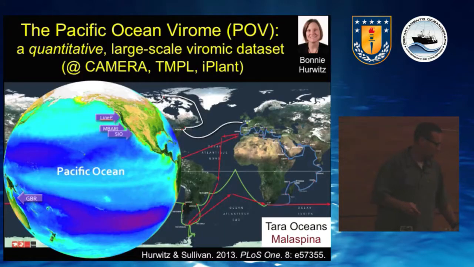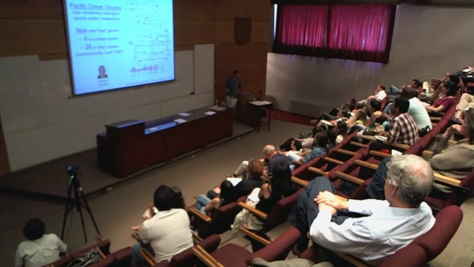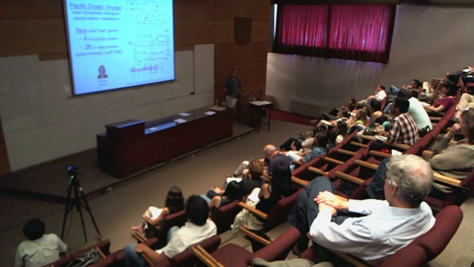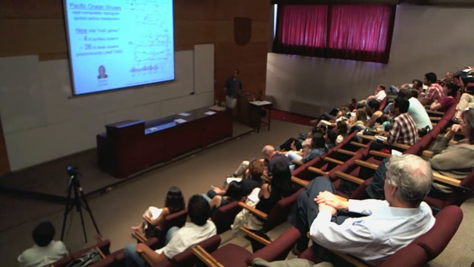Okay, so what could you do with this Pacific Ocean virome? We've got samples from the entire globe now between Tara Oceans and Malaspina, and we're focusing just on the Pacific Ocean. Have you ever heard that before? Focusing just on the Pacific Ocean. And when we look at these data, Bonnie Hurwitz was a student who did this work. We found some really incredible results. These Pacific Ocean viruses seem to nearly completely reprogram all of central carbon metabolism.